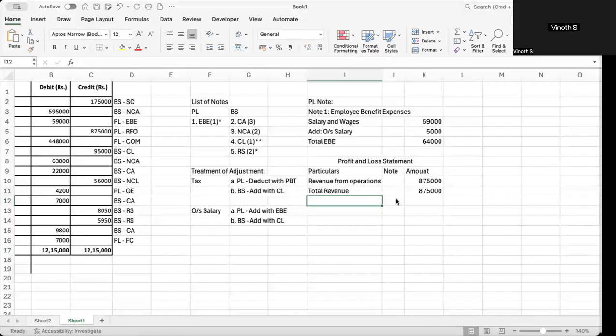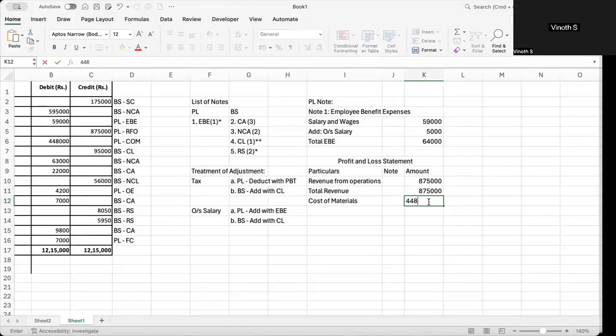Now the next is a set of expenditures. First expenditure is cost of materials consumed. That is 4,48,000. In this question we don't have purchase of stock in trade or changes in inventory. We can skip those.